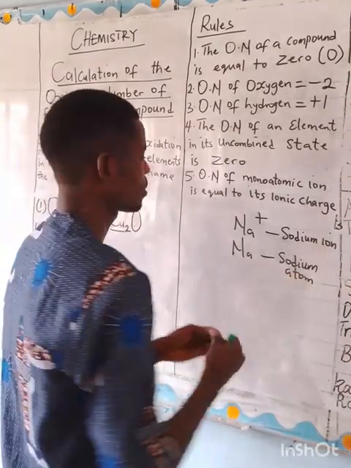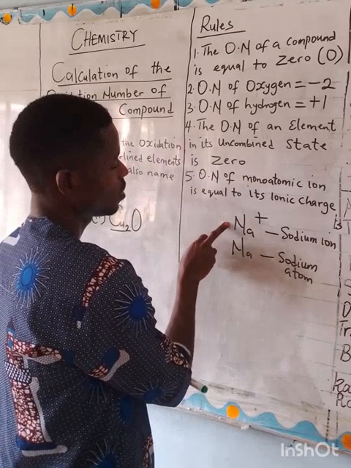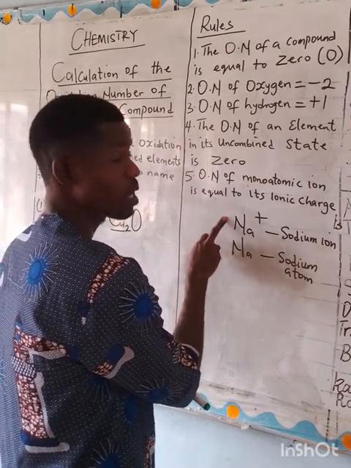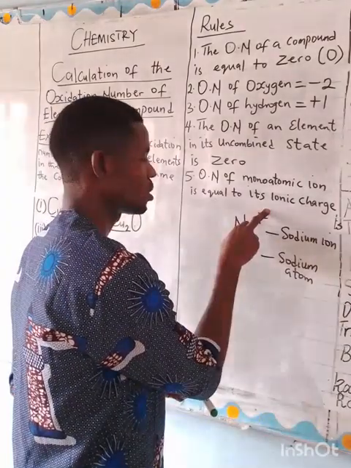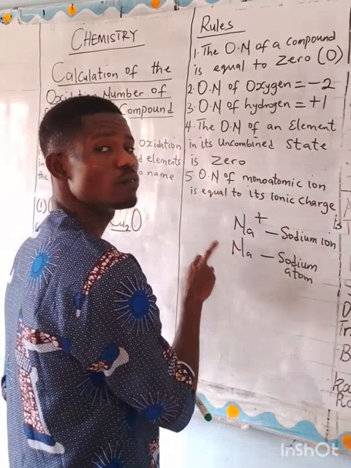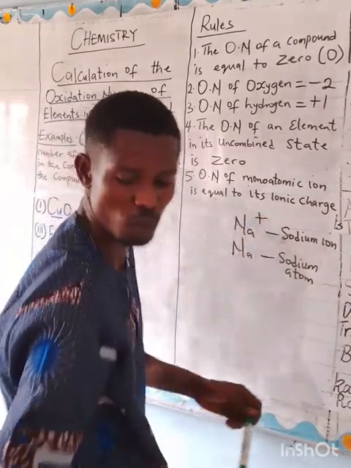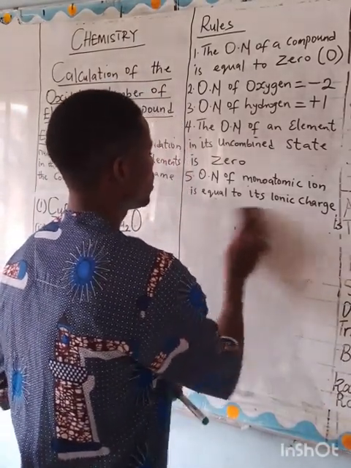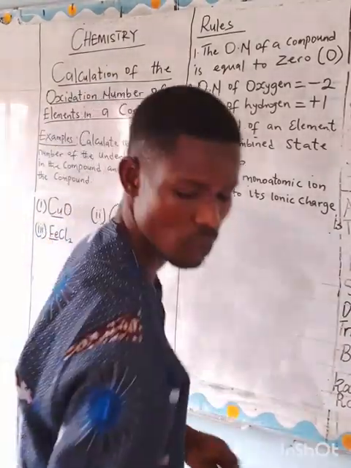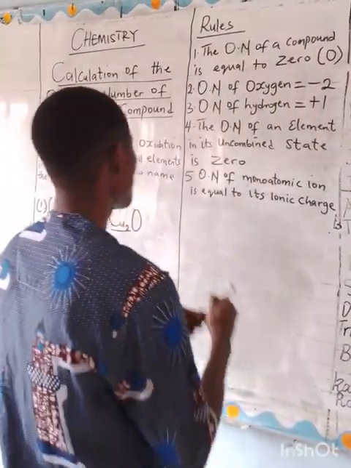So there is a difference. For the atom, the oxidation number is 0. But for the ion, the oxidation number is not equal to 0 because it has a charge. So with this knowledge now, let's solve our questions.